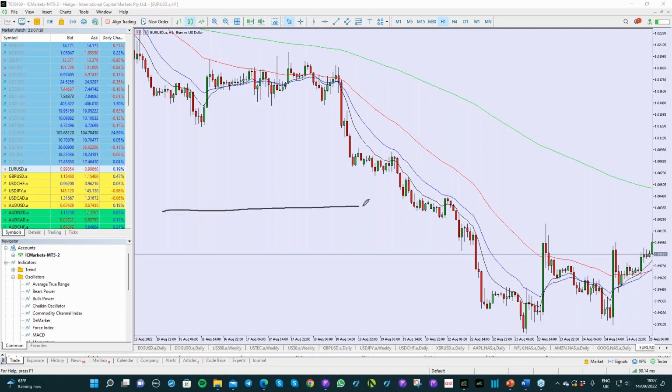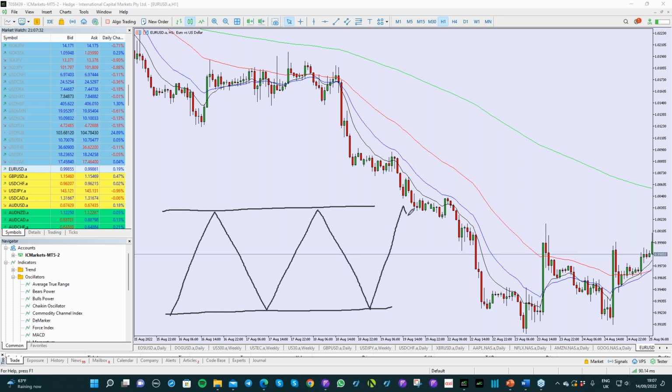Let's say that a market is ranging between these two levels here. Now, let's say this is the daily time frame. I mean, nothing ever usually looks this perfect, but I'm just drawing an example here.